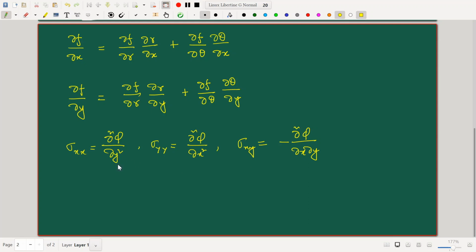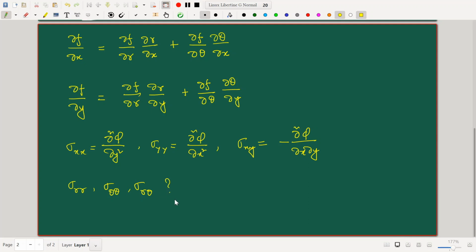Does that mean our objective of finding the stress fields in the polar coordinate system is done? Certainly not, because in the polar coordinate system sigma xx, sigma yy and sigma xy are meaningless. What you really need is sigma rr, sigma theta theta and sigma r theta.